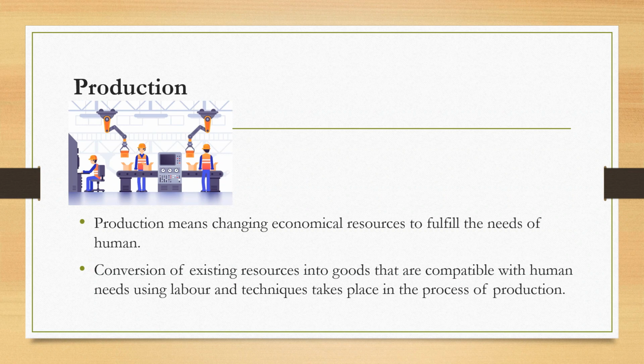Those are the existing resources that we can see in our environment. They should be changed for the purpose of human needs. That means production. In the picture depicted in the slide, you can see a factory. In the factory, people are producing goods. The process takes place in factories.